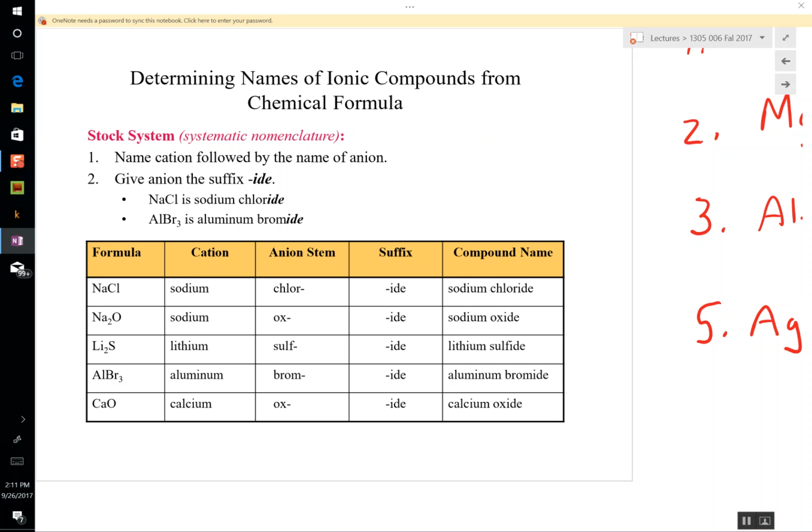You might need to memorize that formula, but in general, what I'm saying is learn this way of determining what the formula is based on the charges. That's where we're going. And then you'll see you can get the formula from the name, or you can get the name from the formula.